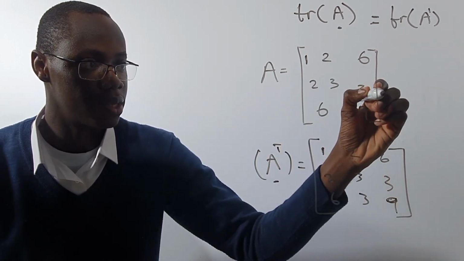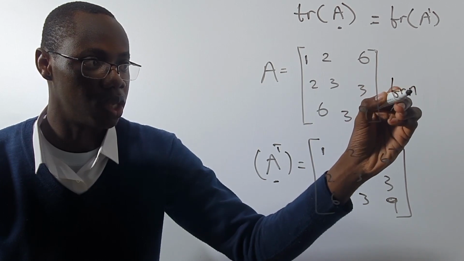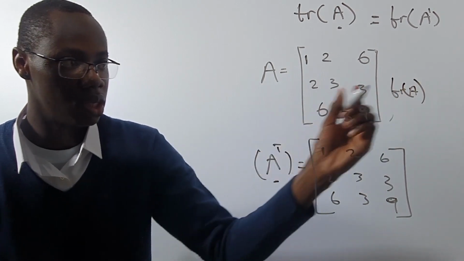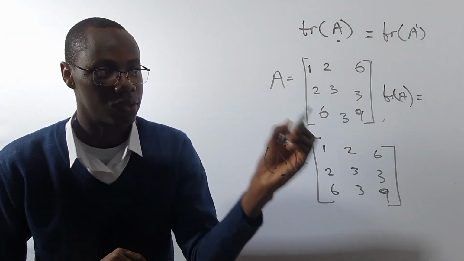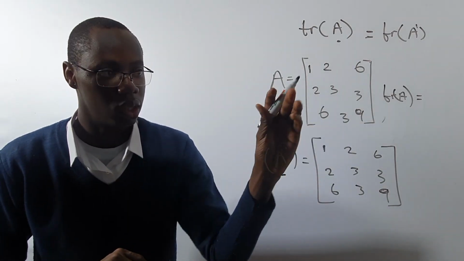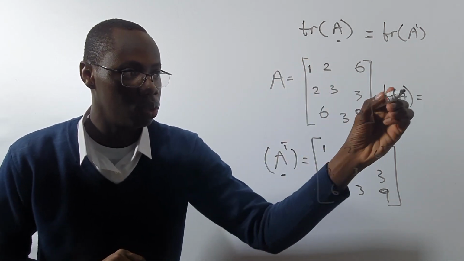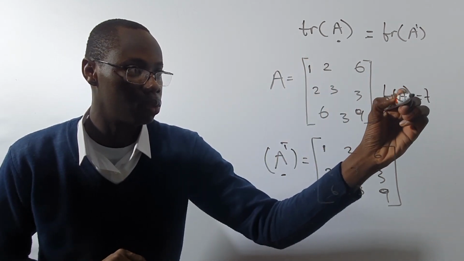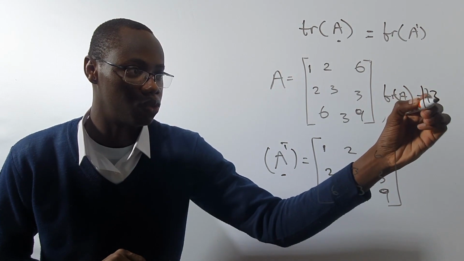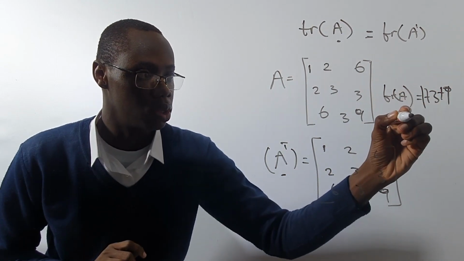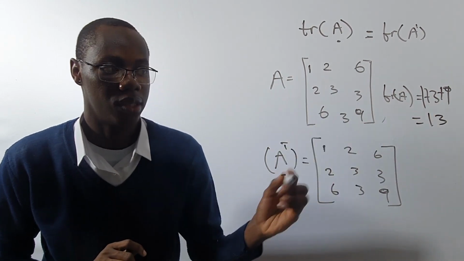So now what is the trace of A? The trace of this A will be, of course, let's add the main diagonal together, 1, 3, 9. That's 1 plus 3 plus 9. So this here will be 13, right?